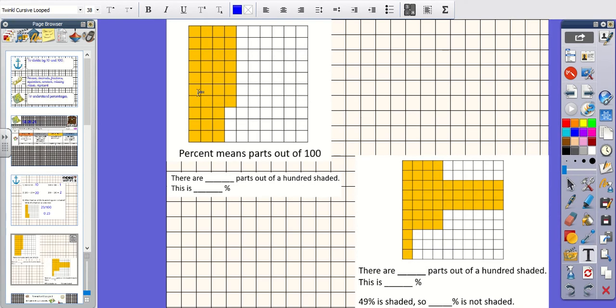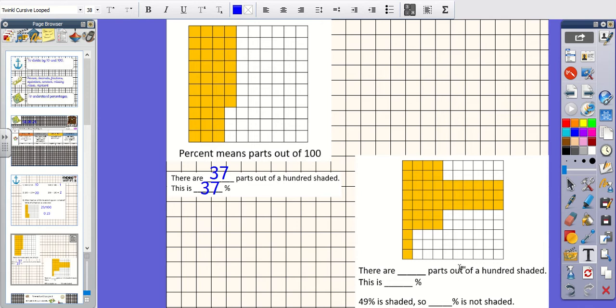So let's see how many parts have been shaded. So we've got 10, 20, 30, 31, 2, 3, 4, 5, 6, 7. So there are 37 parts out of 100 shaded. So that means that would be 37%. Okay, because percentage means out of 100.